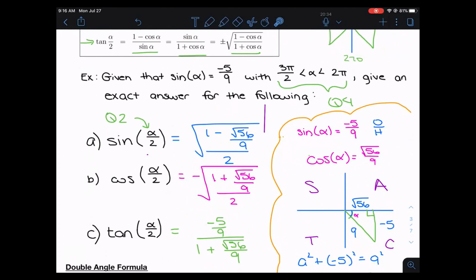Plus cosine of alpha, which is the square root of 56 over 9. So that's how you can get this. It's literally just plugging things in and finding your answer. Any questions about this?